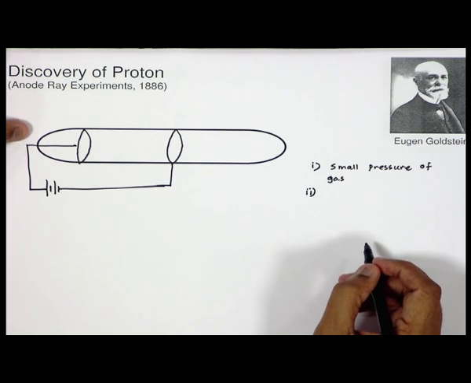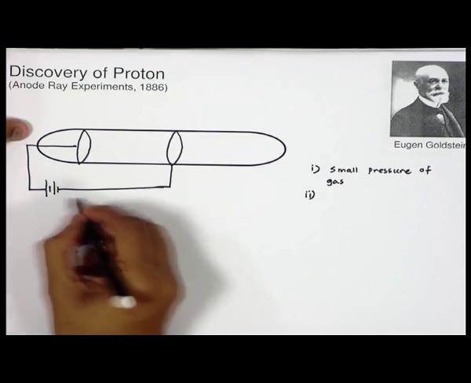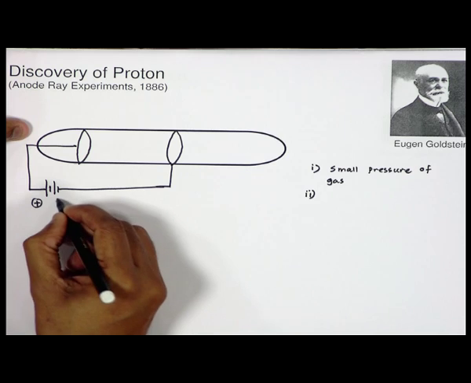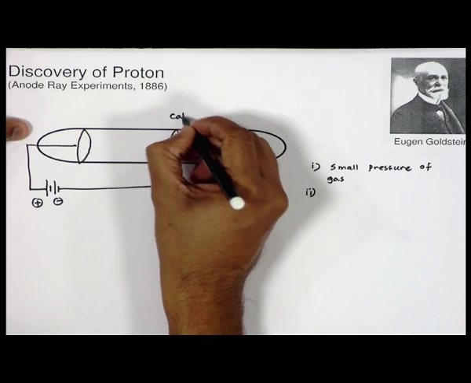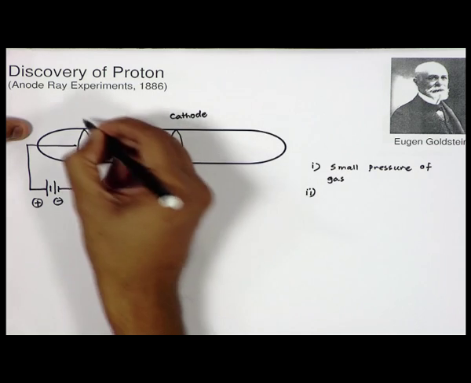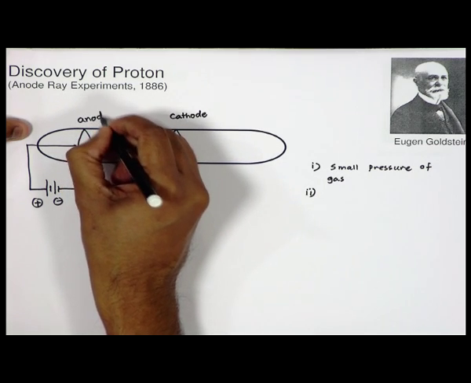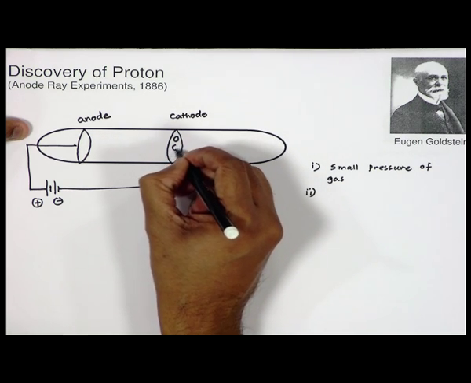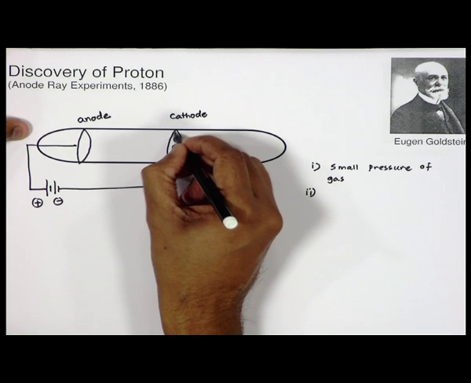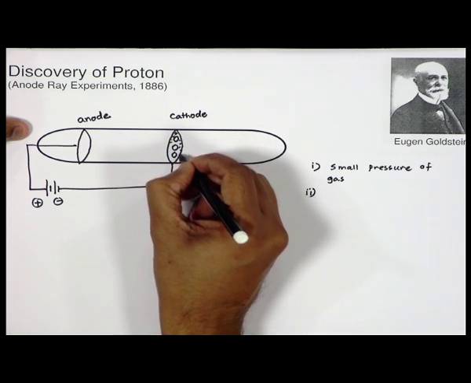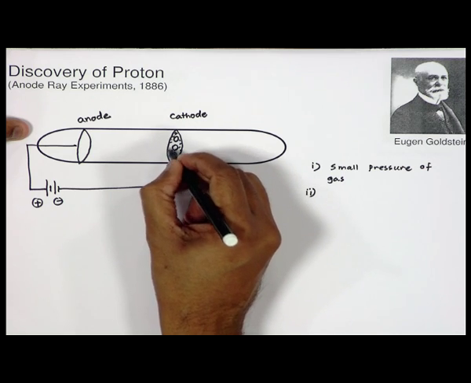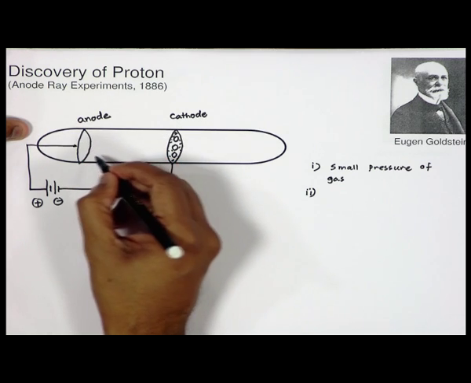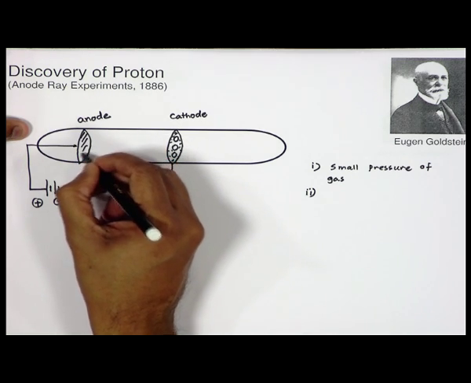Here, with the polarity of the applied potential difference, this is my cathode, the negatively charged electrode, and this is my anode. What is done is that we use a perforated cathode. I am drawing 3 holes here, and this is my anode plate.